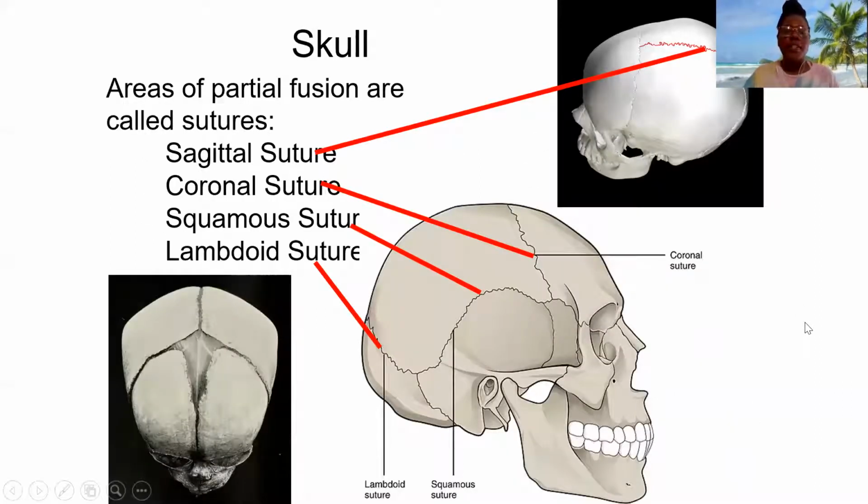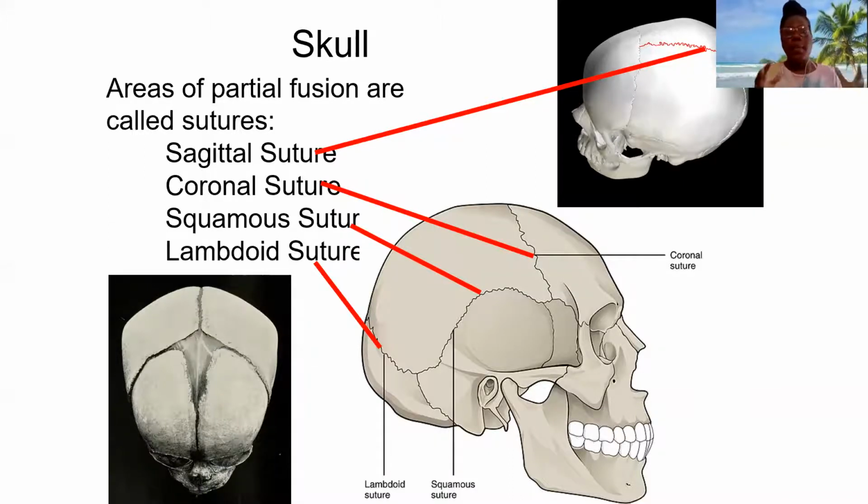So the skull is obviously this nice hard casing that protects our brain, a very delicate structure. It's really not one continuous structure. It's actually a fusion of smaller bones. And the area that demarcates where these bones were once separate bones, or the area of partial fusion, we call these lines suture lines.